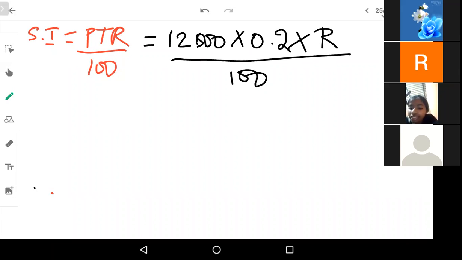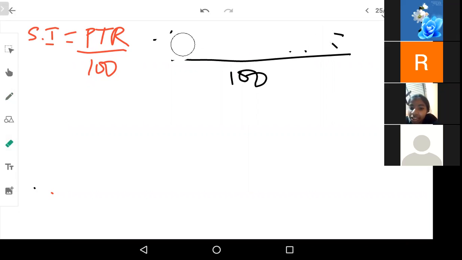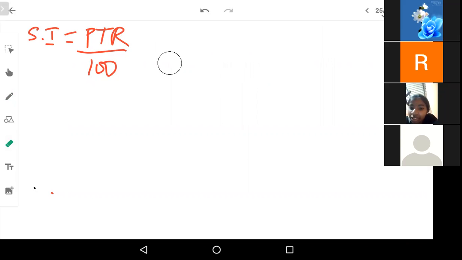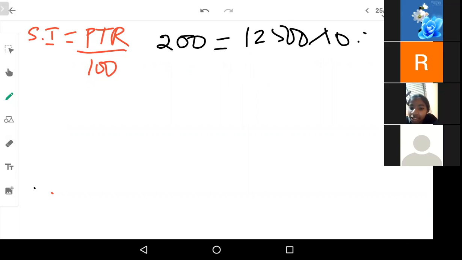But then we had a simple interest, right? So how much was the simple interest? So simple interest was 200, equals 12,500 into 0.2 into R divided by 100.